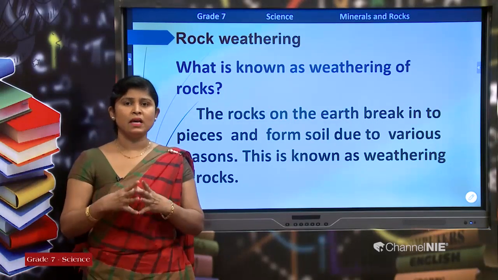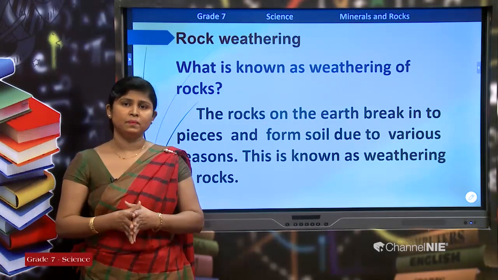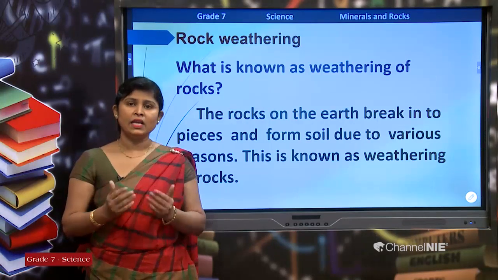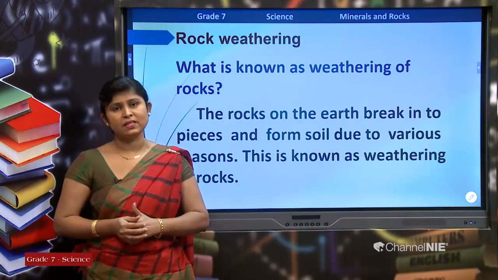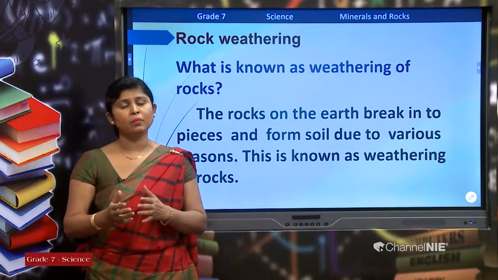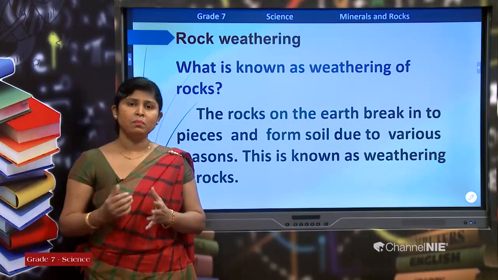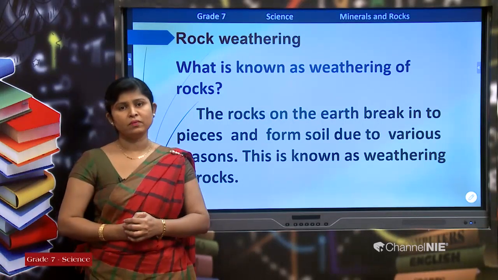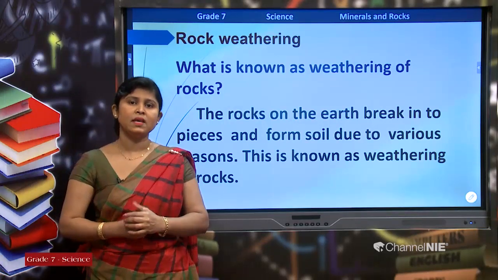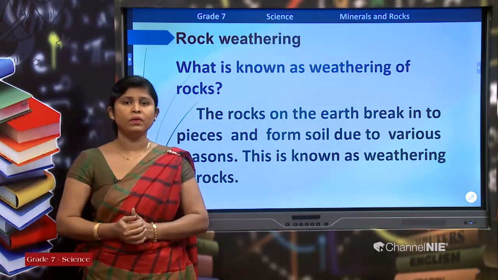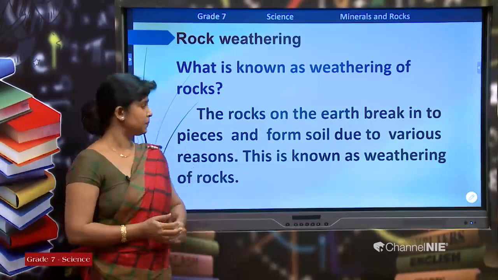Always the rocks are subjected to weathering. Then the weathering takes place due to various reasons. In this lesson, I am going to explain different methods of weathering of rocks. What are the special factors affecting the weathering of rocks? We will see.